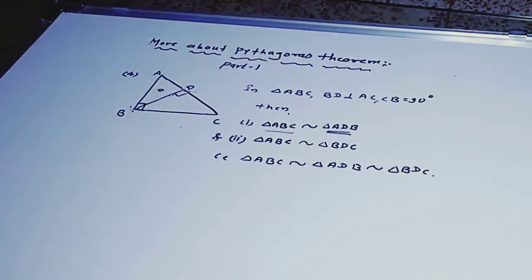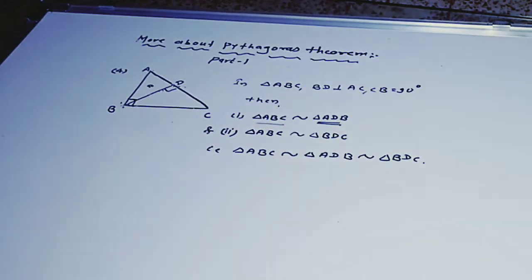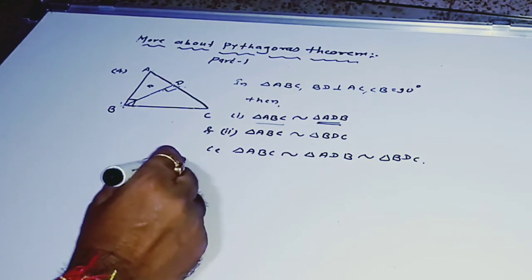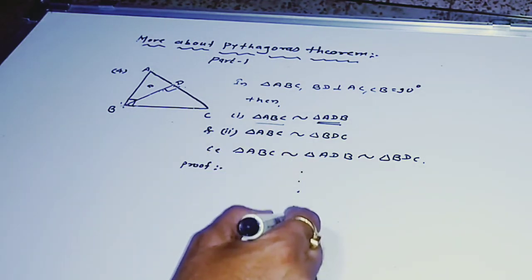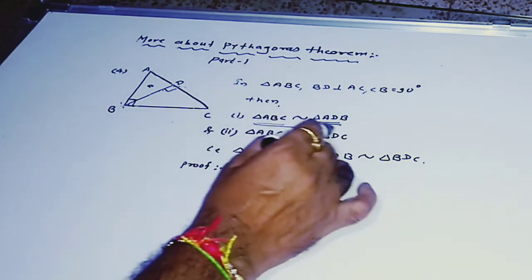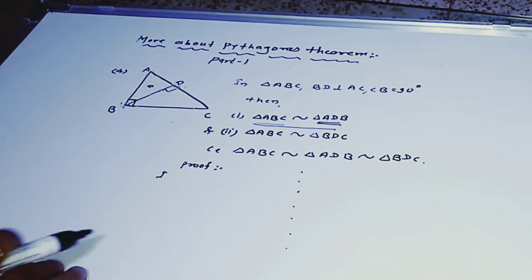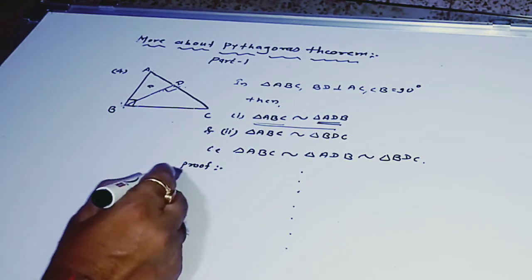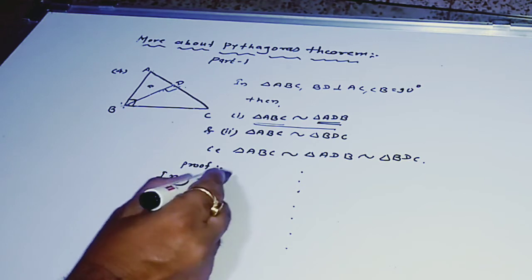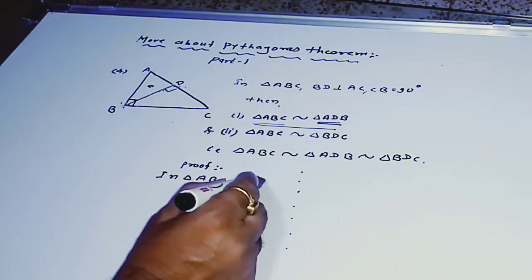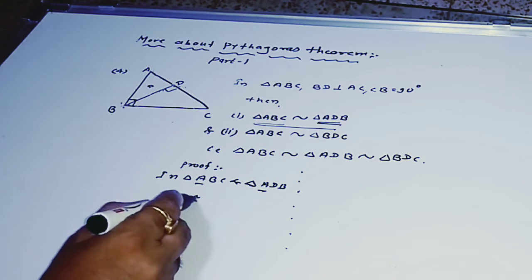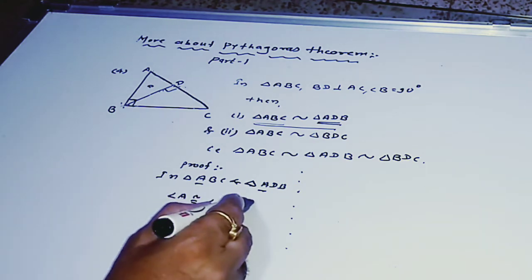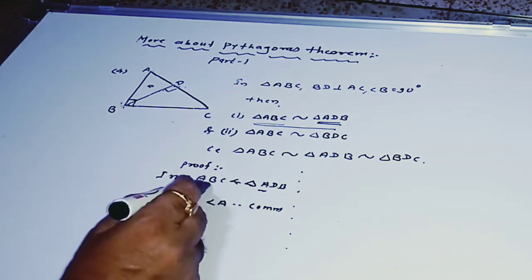So how can we prove that? The proof: considering triangle ABC and triangle ADB, remember, angle A is common, that is congruent.